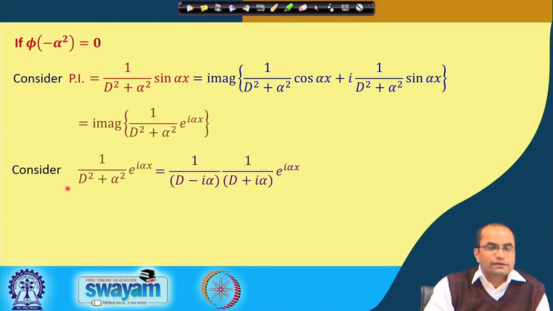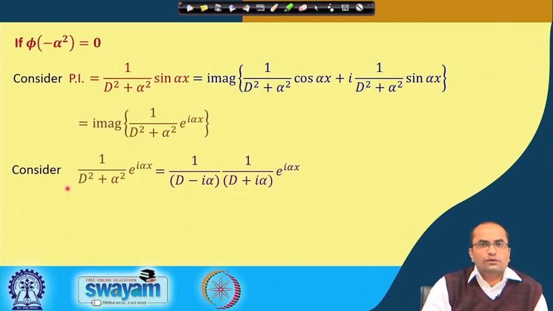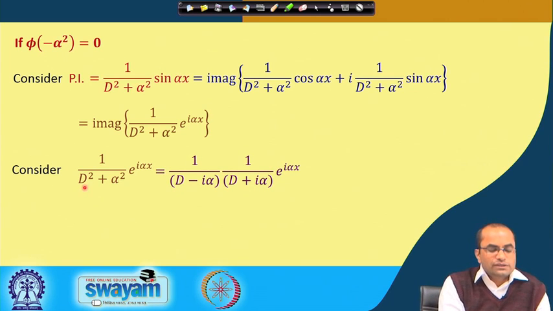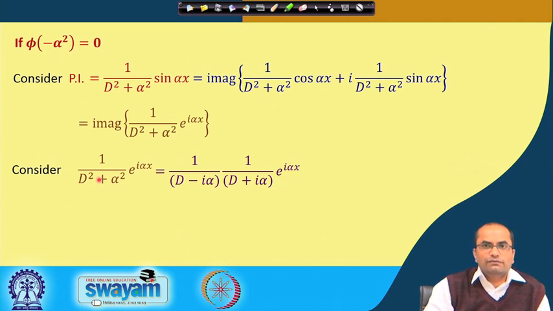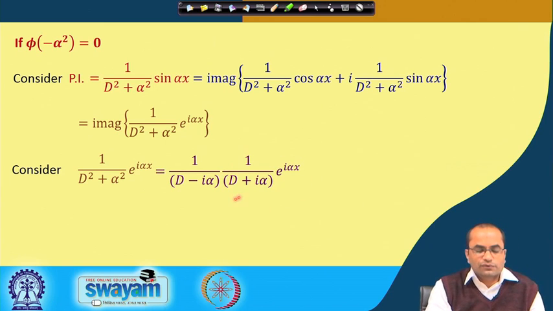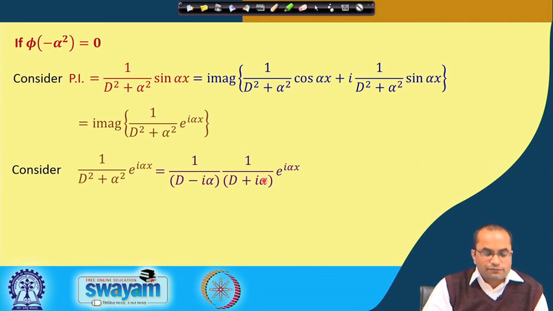This we can rewrite now, 1 over d square plus alpha square as 1 over d minus I alpha into 1 over d plus I alpha. So, d square plus alpha square we have written like d square minus I alpha whole square, and then we can write down the d minus I alpha and d plus I alpha form, and we know already how to apply this 1 over d plus I alpha, because here d will be replaced simply by I alpha.